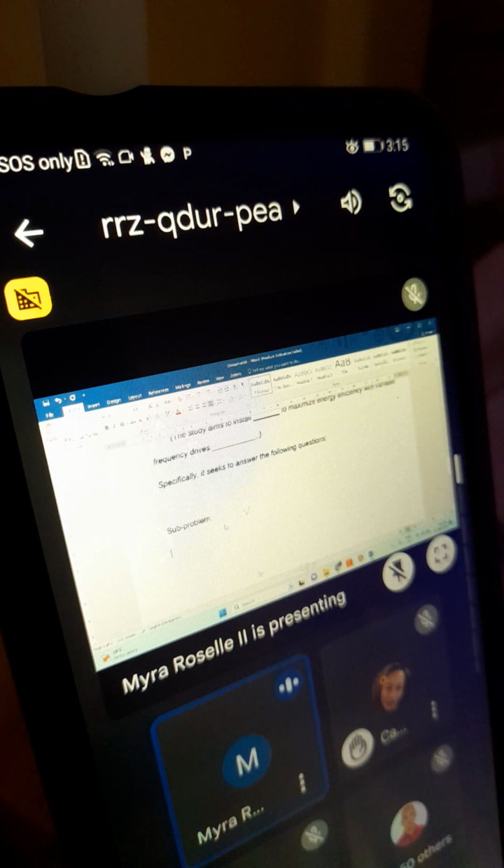For the sub-problem, these are the things you're going to remember. You need to have profiling questions, at least two or three profiling questions. Then you have to have inferential questions, and then your solution.